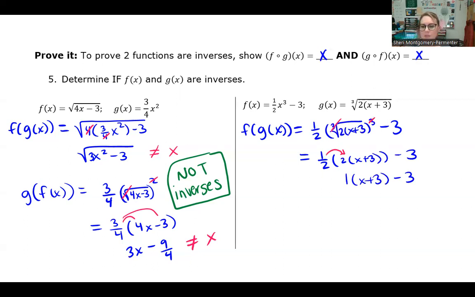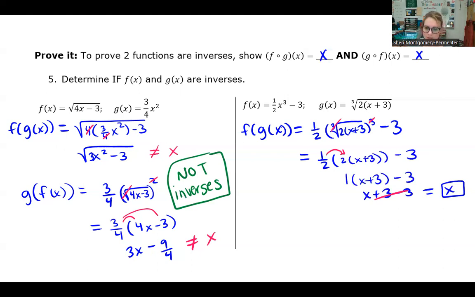No, not really. So then I have x plus 3 minus 3. Guess what? That equals x. But to be inverses, they both have to equal x.